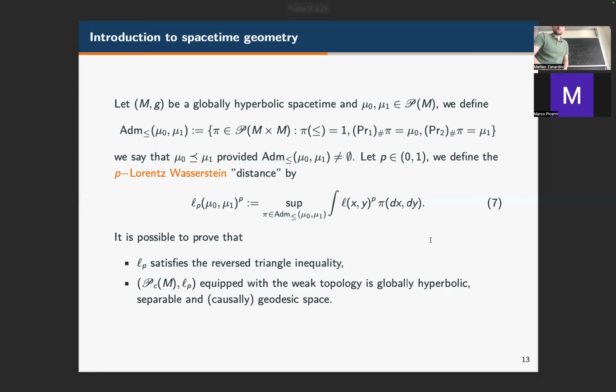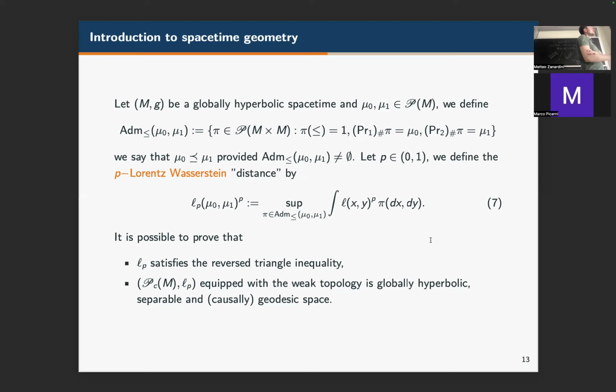Okay. Now let's pass to optimal transport in this kind of space. What you can do is to introduce another admissibility set for probability measures on the product space. You require the first marginal to be mu0 and the second marginal to be mu1.